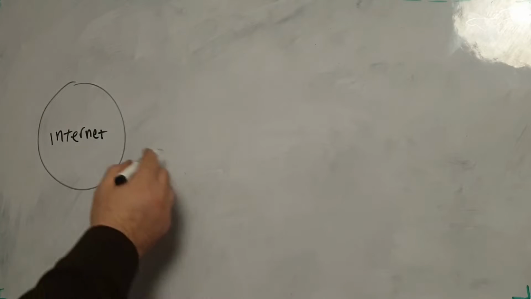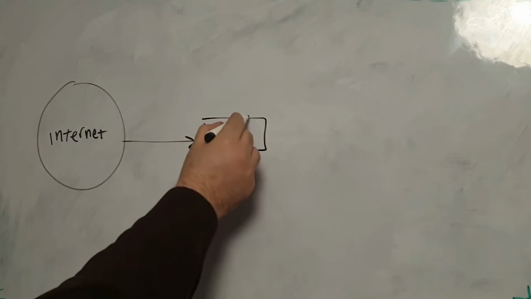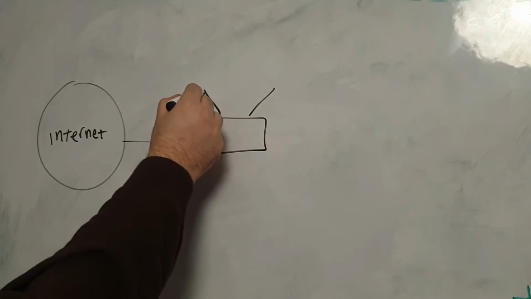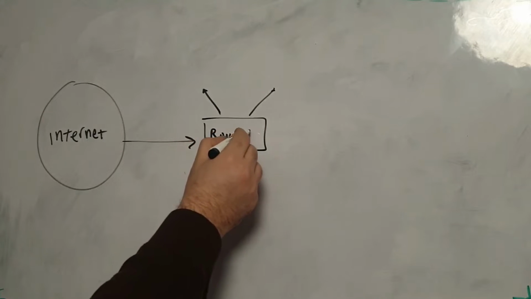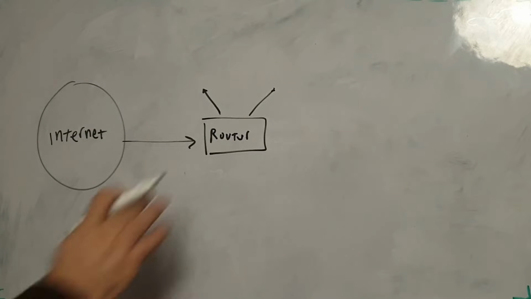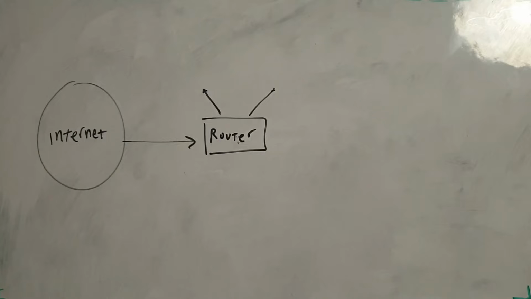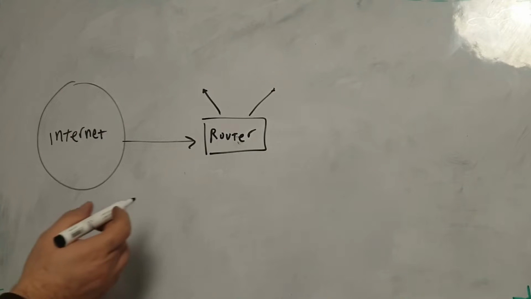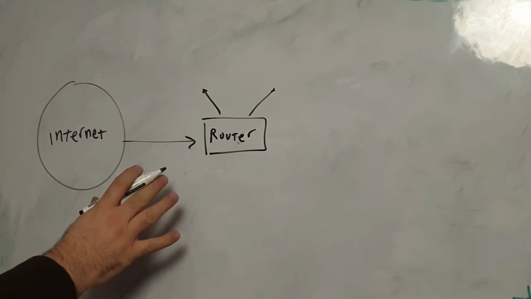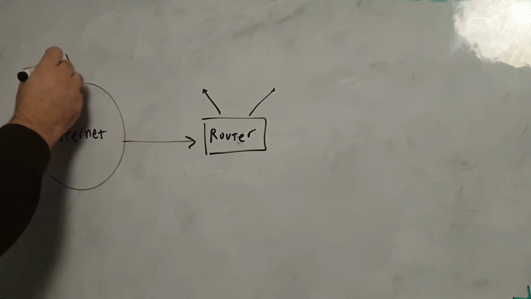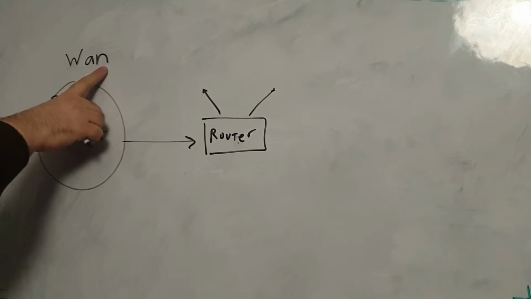and we have the home router. So whatever is in this side of the map is called WAN, or wide area network.